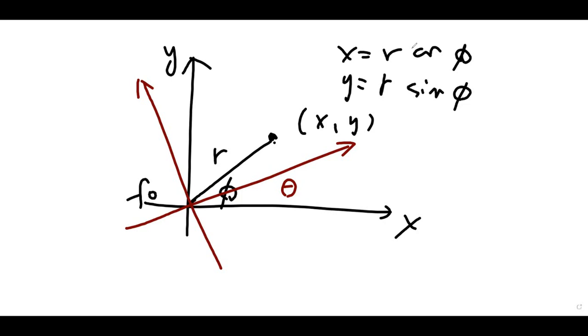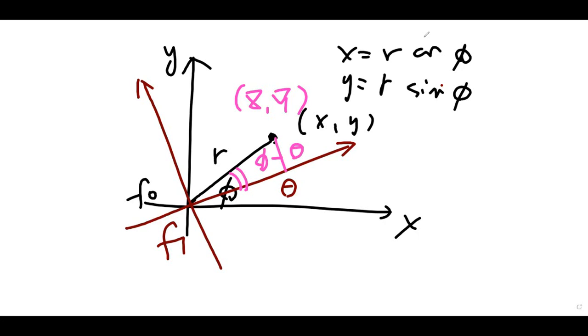But now your frame 1 rotates by an angle of theta. What is your big X, big Y now? Your big X, big Y is the new coordinate of x, y based on the new frame F1. The angle here would be phi minus theta.